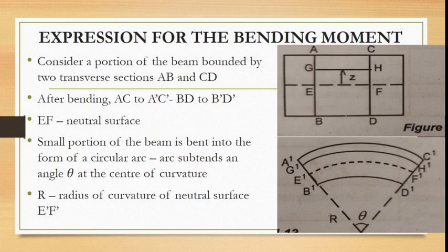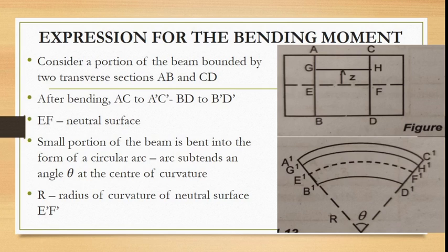Now we are going to see what happens to the beam after bending. So the upper picture shows the beam before bending, and the lower picture gives you the changes that occurred in the beam after bending.